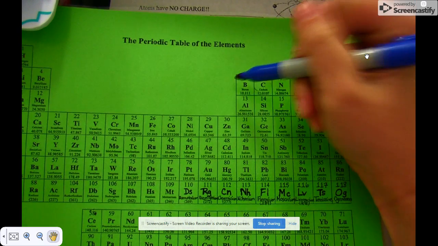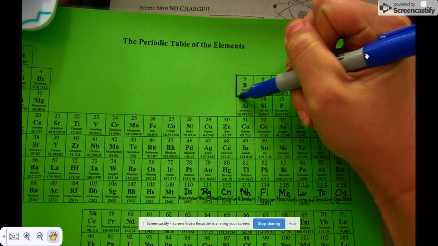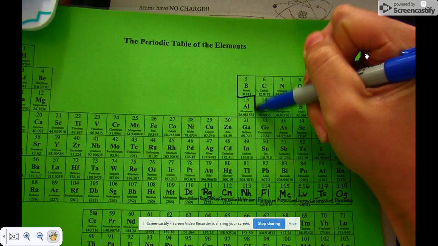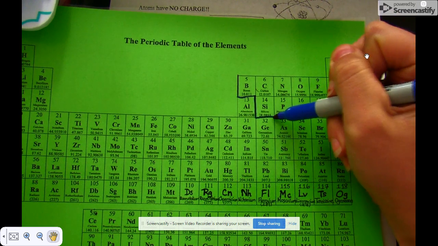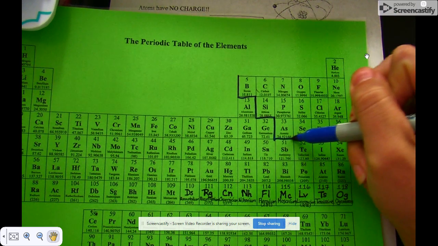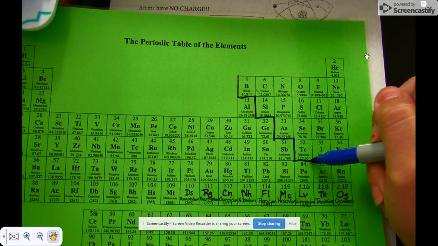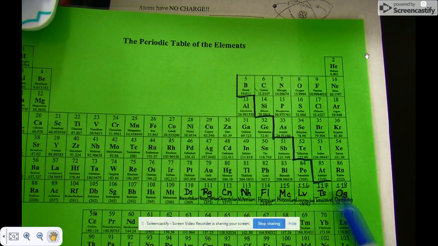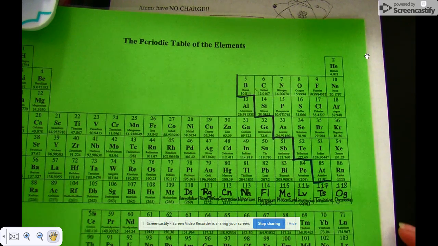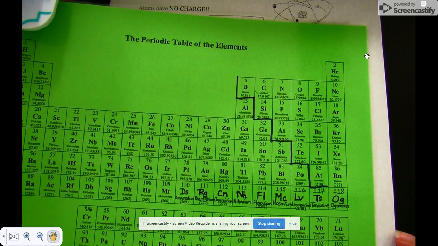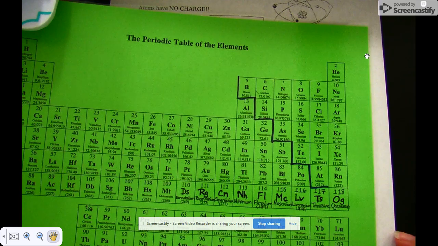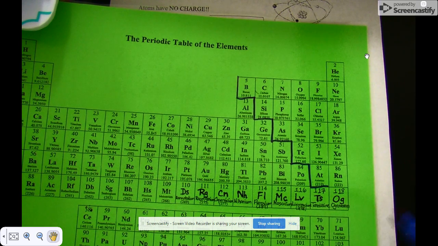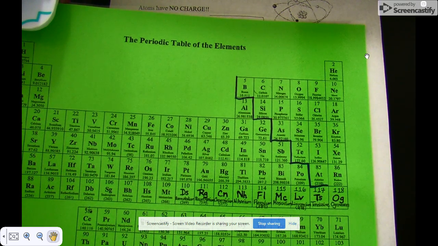So you draw a line. It goes straight down from boron, down and over, down and over, down and over, down and over, down and over. It stops here. We don't know enough about the newer elements to know whether or not they would be classified as a metalloid. We can make some assumptions and some guesses as to whether or not they would be, but we don't ever include them when we talk about the metalloids.